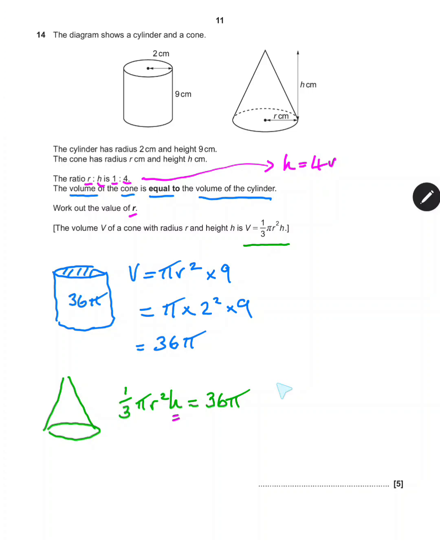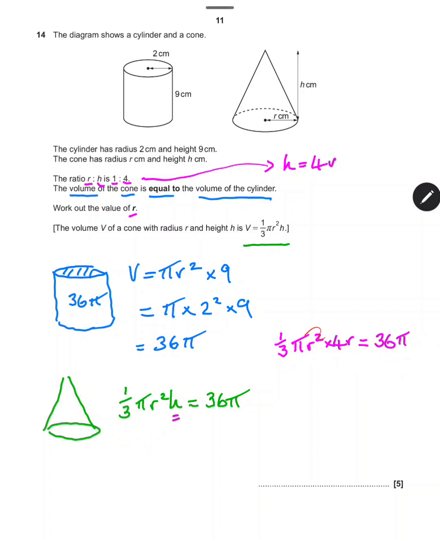So what we get is 1/3 pi r squared. This h is now 4r, so I'm going to times that by 4r. And that's still equal to 36 pi. We can start to simplify this a little bit.